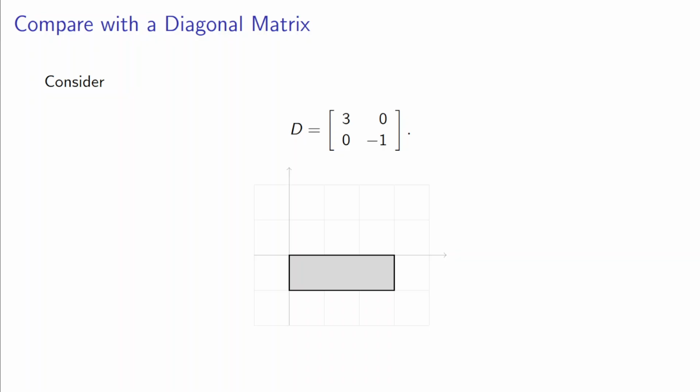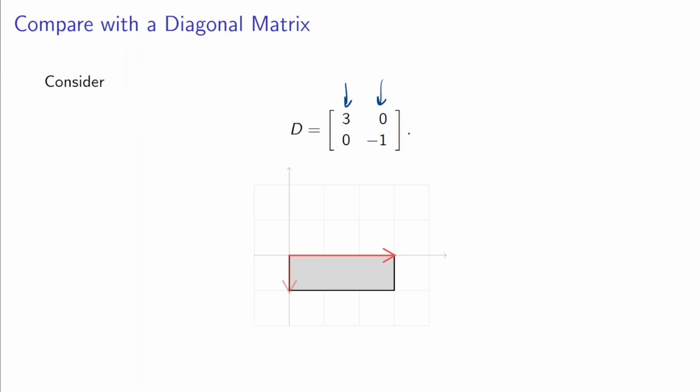If we consider the matrix D, which is 3, 0, 0, negative 1, and think about this matrix transformation, it's going to take E1 and move it to 3, 0. So 1, 0 moves to 3, 0. And it's going to take E2 and move it to 0, negative 1.